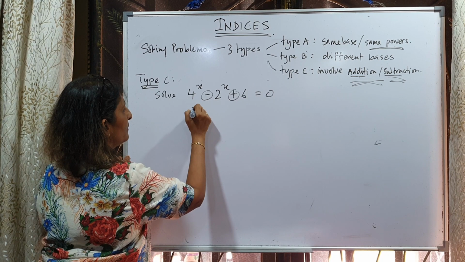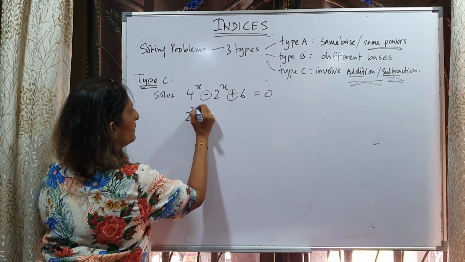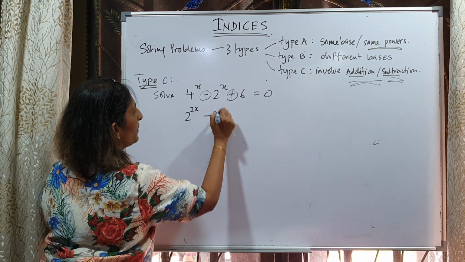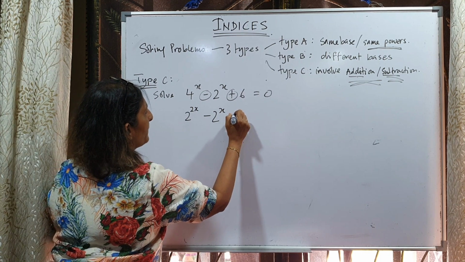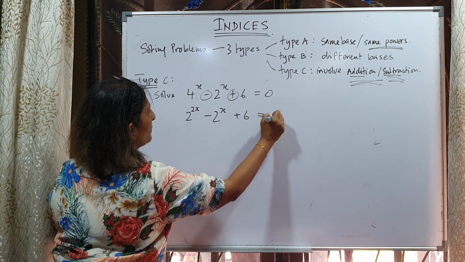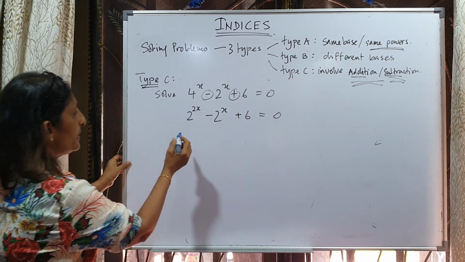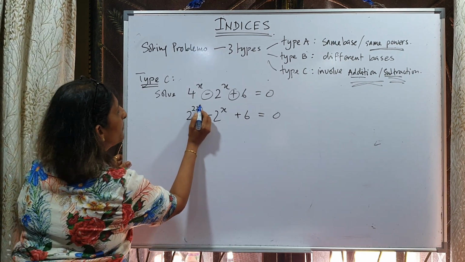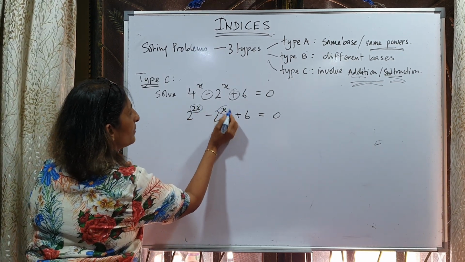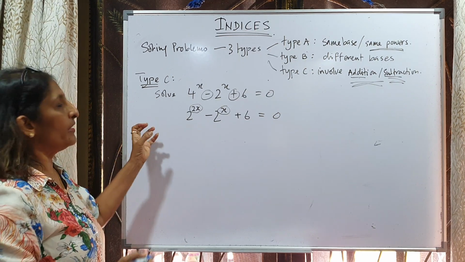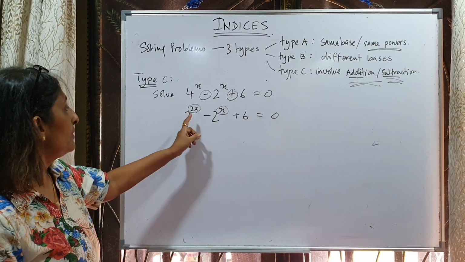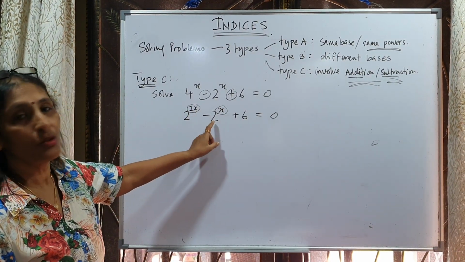So you do that. 2 power 2 is 4, and then you have the x there. Minus 2 power x plus 6 equals 0. Now you notice that you can't factorize here because they are not the same. You can't take out any power because one is 2 power 2x, the other one is 2 power x.